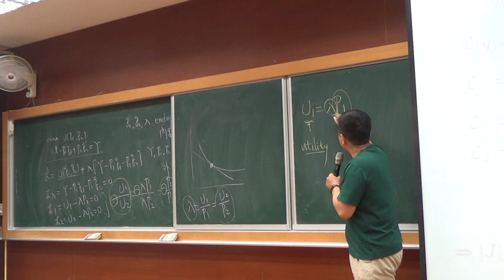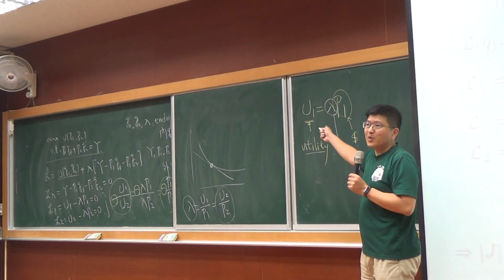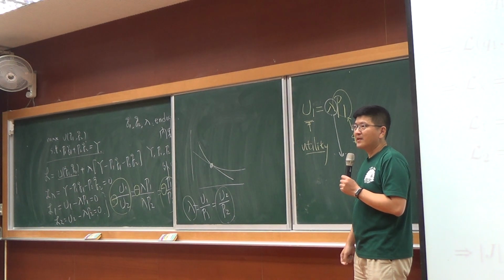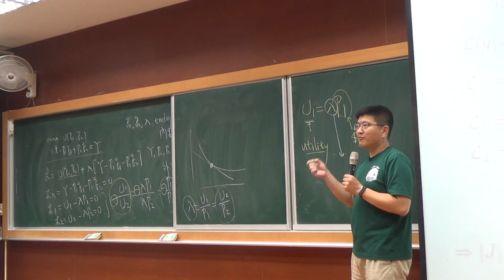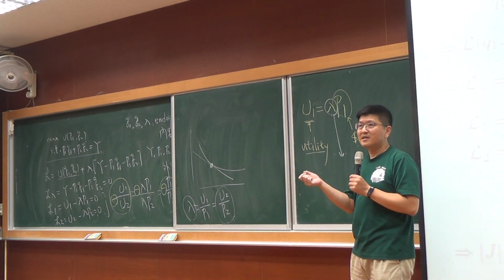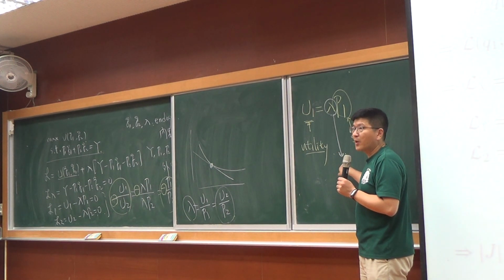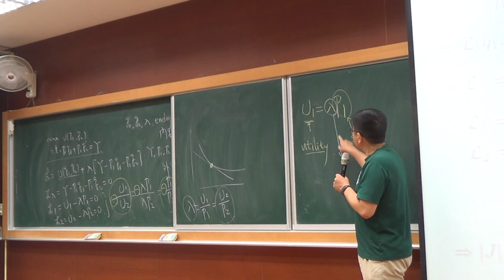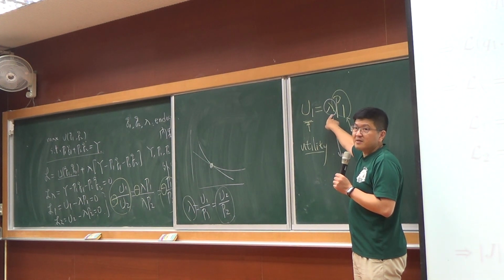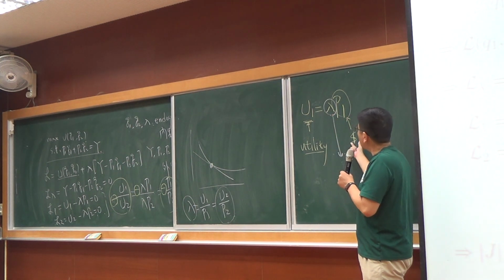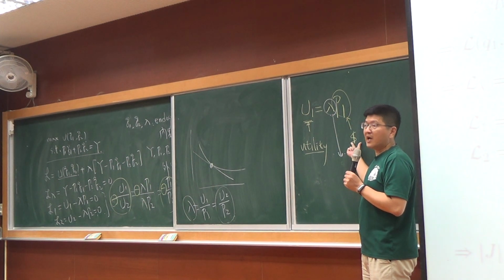How can we do that? Don't forget how we interpret lambda: the marginal utility of the last $1, the extra $1. So lambda is the marginal utility per extra $1.